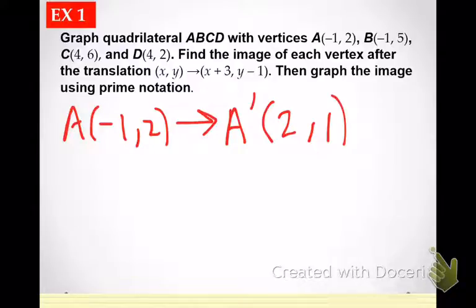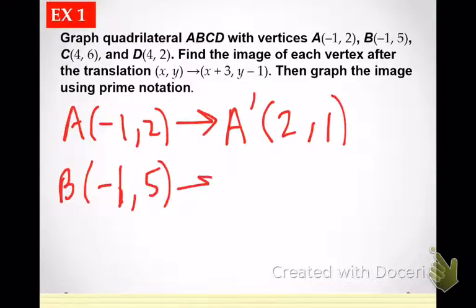Everybody see how I did that? I added 3 to the negative 1, because that's what it told me to do, and then I subtracted 1 from the 2, and I got 1. You do that for each point. So B is (-1, 5), and B prime is: we add 3 to that, 2, we subtract 1 from 5, and we get 4.